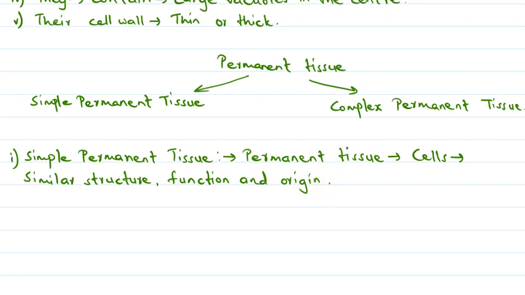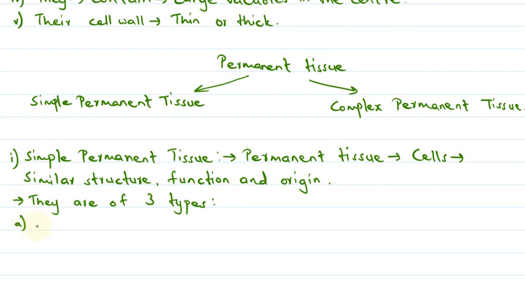The simple permanent tissues are of three types. And what are they?